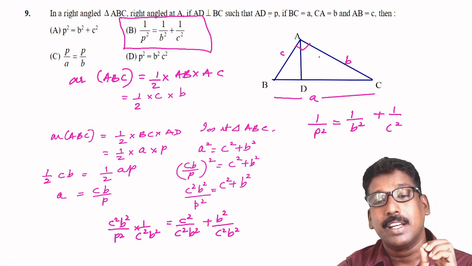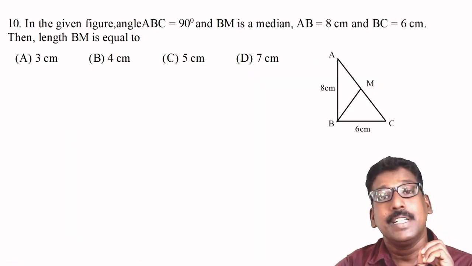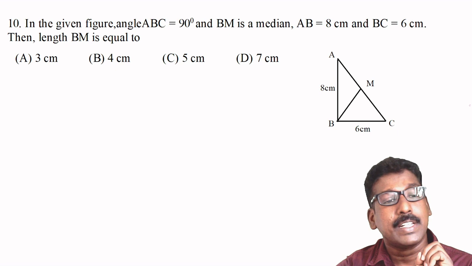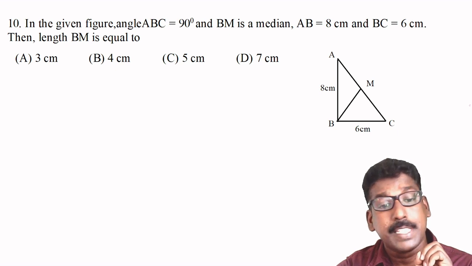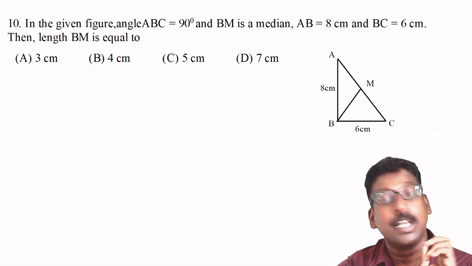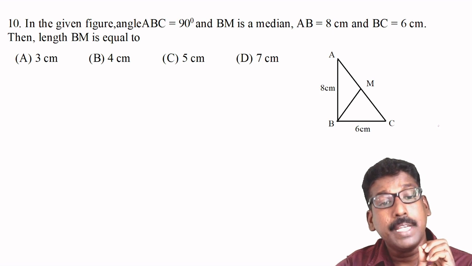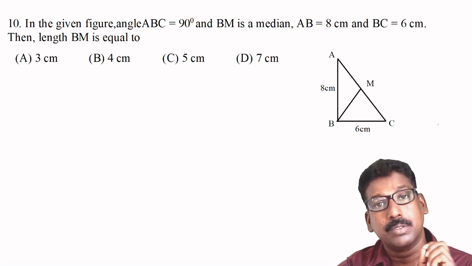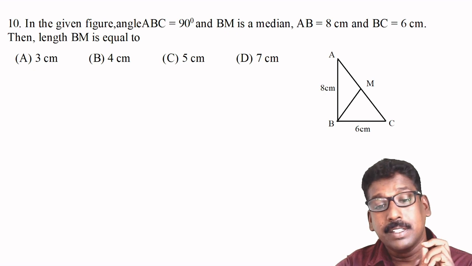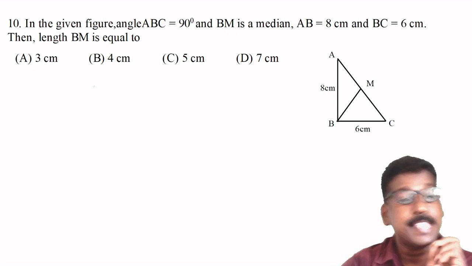Now look at the last question. It is in a given triangle ABC, angle ABC is equal to 90 degree. That means angle B is equal to 90 degree. BM is the median. AB 8 and BC 6 cm. Then length of BM is equal to. Here you can find out the length of AC.